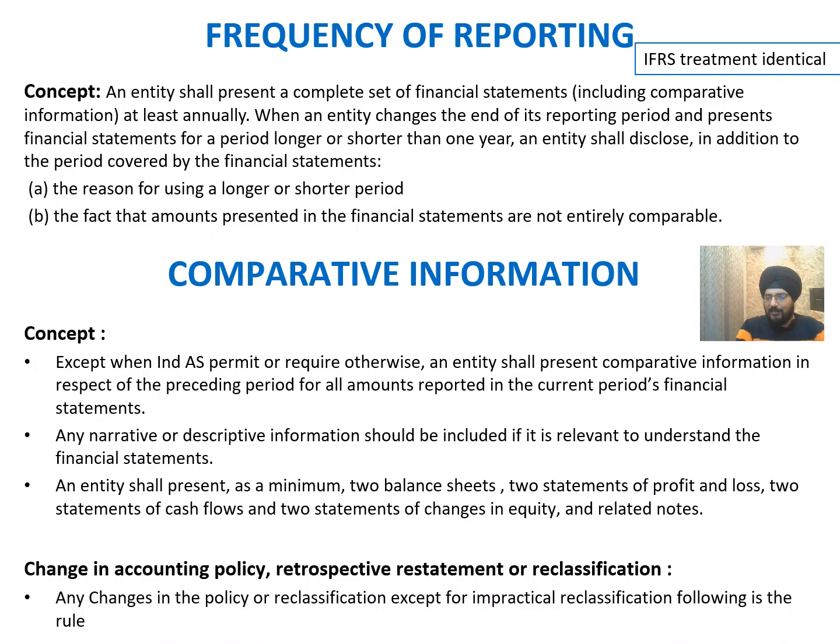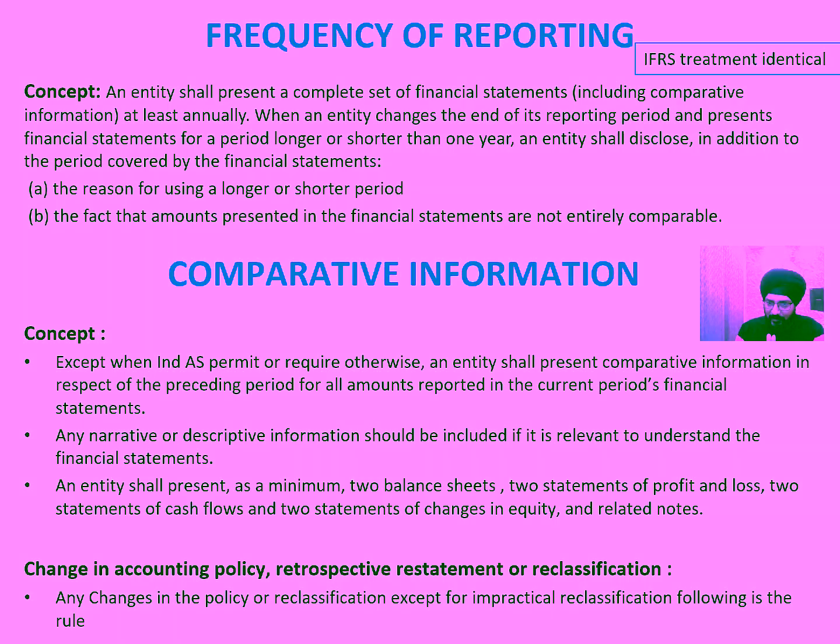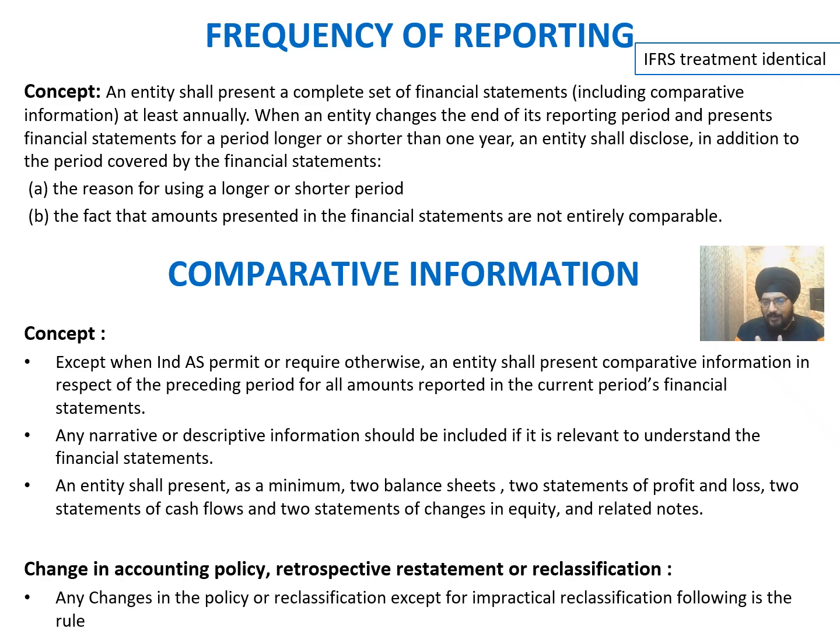In that case, the first financial statements would be for a period of less than 12 months, and there is no comparable for the previous year. For companies that are in operations and have to report a shorter or longer period, largely on account of a merger or demerger, they should disclose the reason why they are presenting the statements for a shorter or longer period.